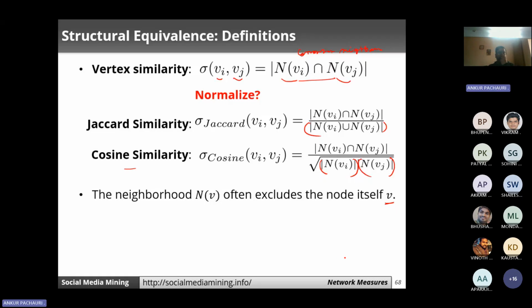Now, let's make it a bit more complex. Even though I have not mentioned it here, there are hop neighborhoods: one-hop neighborhood, two-hop neighborhood, three-hop, and four-hop neighborhood.